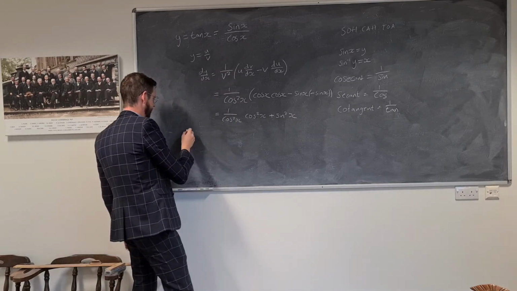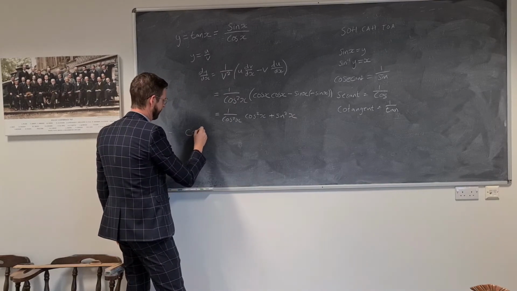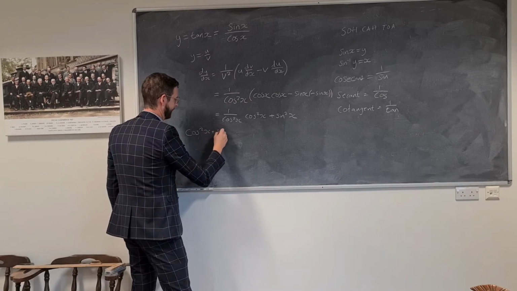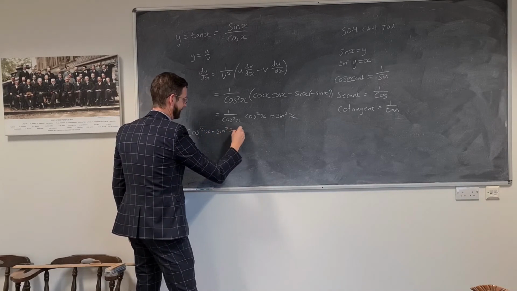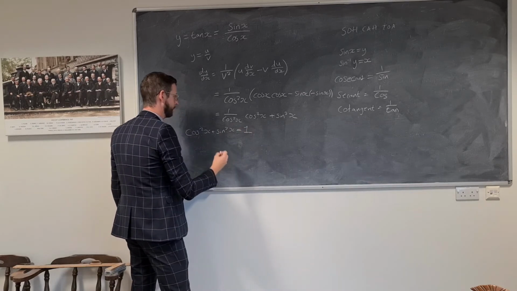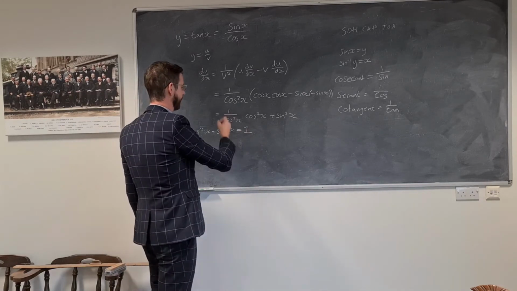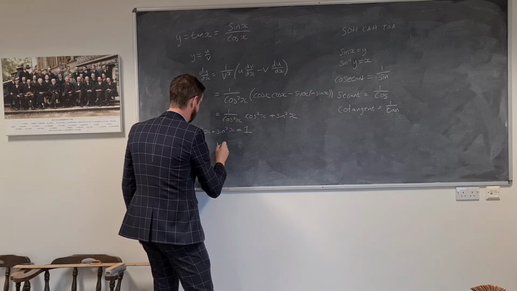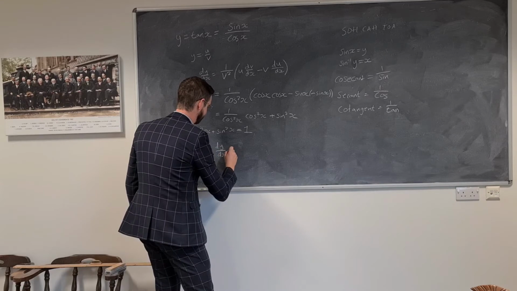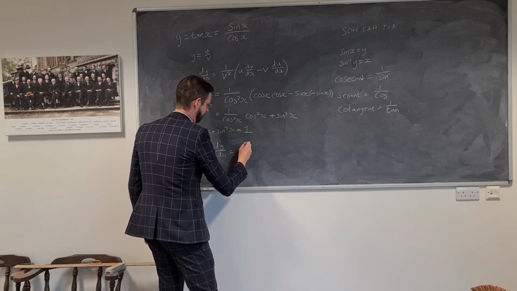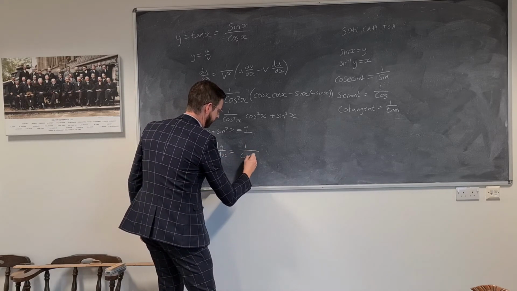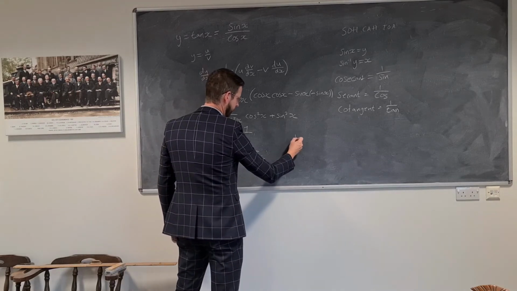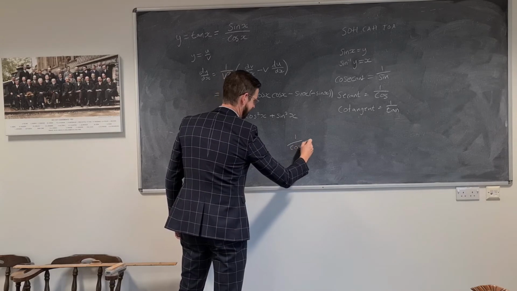Now there is a trigonometric identity which is going to simplify this for us. Cos squared x plus sine squared x actually equals 1. And so the entire top part of this equation just equals 1. So the derivative, dy by dx, simply becomes 1 over cos squared x. Now 1 over cos is equal to secant.